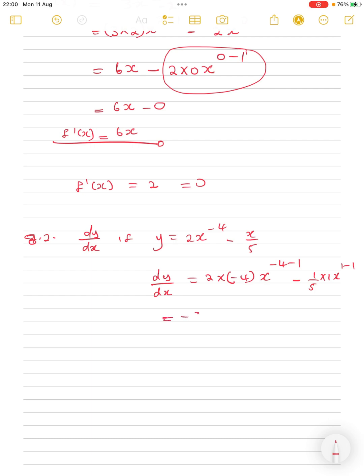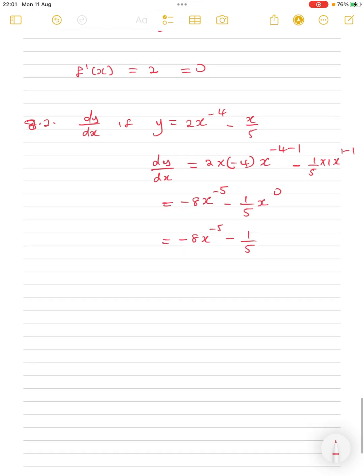Here you end up with minus 8x to the power of minus 5, and then minus 1 over 5x to the power of 1 minus 1, which is 1 over 5 x to the power of 0. As a result, you have minus 8x to the power of minus 5 minus 1 over 5.